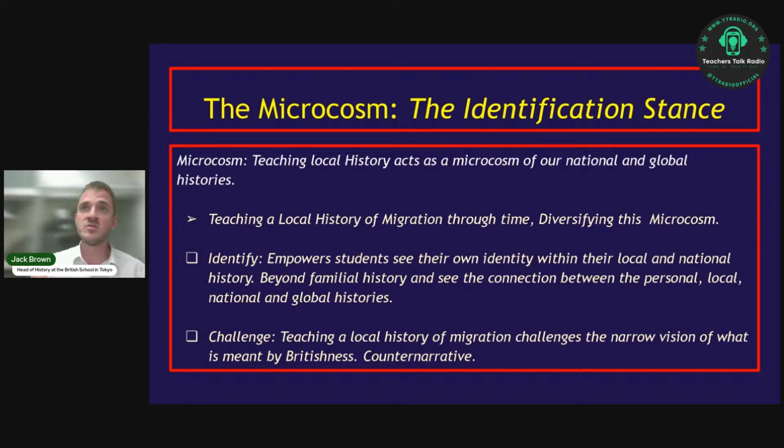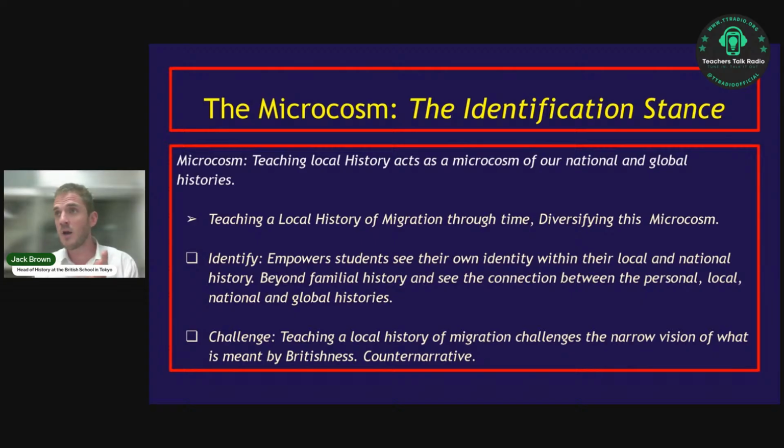So if we're able to diversify our local history, then perhaps there is an advantage that we can not just empower students to identify and see themselves in the curriculum, but also to identify and see themselves in the local community. And I think one way we can do this is by teaching a local history of migration through time, with a particular focus on a site or a street.